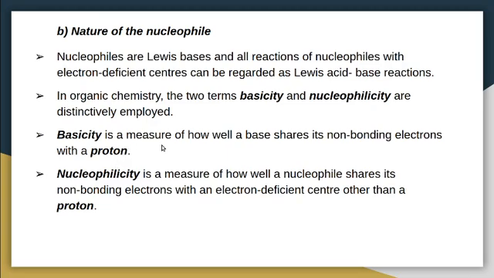So a base shares its non-bonding electrons with a proton, whereas a nucleophile shares its non-bonding electrons with an electron deficient center, not with a proton. That is the difference between basicity and nucleophilicity. Then we can check what is the relation between basicity and nucleophilicity.